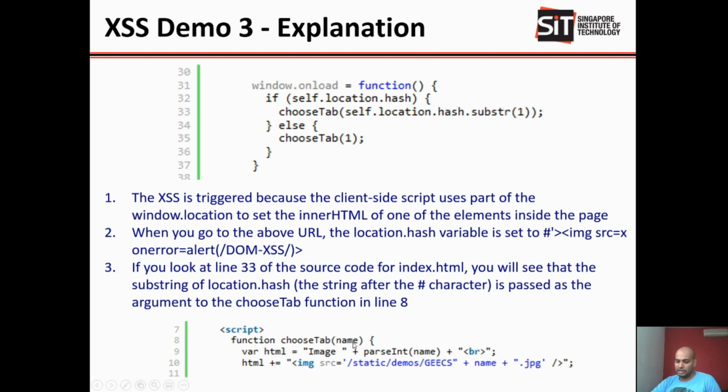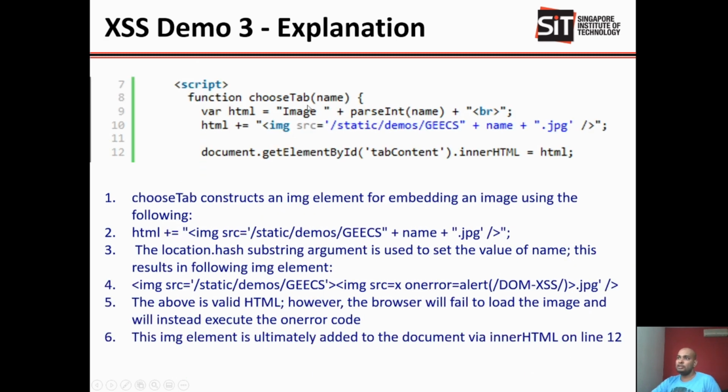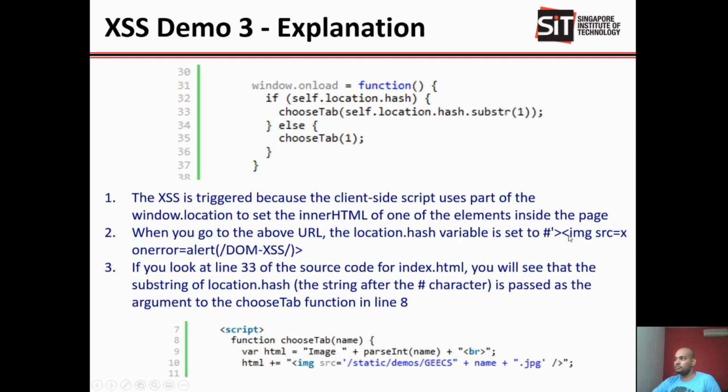Let us see what choose_tab is doing. The choose_tab function constructs an img element for embedding an image using the following instructions: HTML image plus pass in name, etc. The HTML is created with the folder where the images are stored, which is static demos GCS, and whatever string is passed, which is 1, 2 or 3 in the case of images, but we gave this string instead.